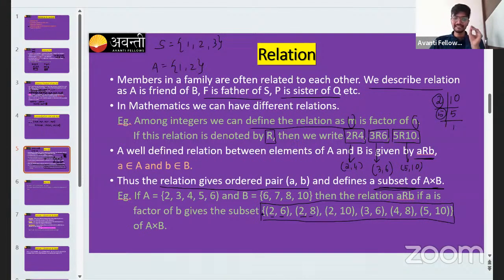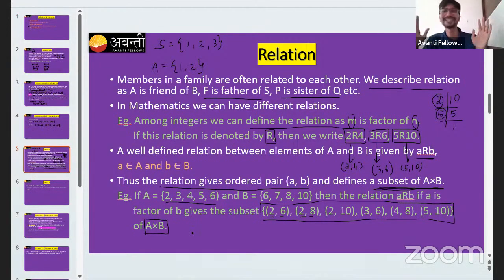As you can see, this is clearly a subset of the Cartesian product A cross B. Now, I will not write the Cartesian product A cross B because, as we know, there are 5 elements in A and 4 elements in B. How many elements will be there in the Cartesian product? We just have to multiply both. So 5 fours are 20 elements will be there in the Cartesian product A cross B.